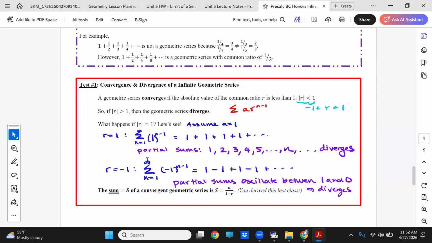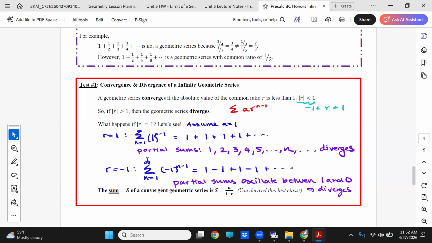Because the partial sums just go on forever. So that's why r equals 1 is not okay. For r equals -1, the partial sums oscillate, which doesn't make sense either. You can't have absolute value of r equal to 1; it has to be less than 1.